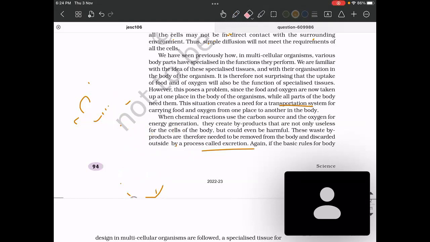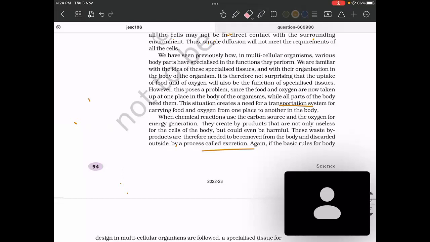So considering the transportation system, especially in humans, the heart, what cells make the heart? Cardiomyocytes, sir. Okay, there are 2 types of nodes. What are they?